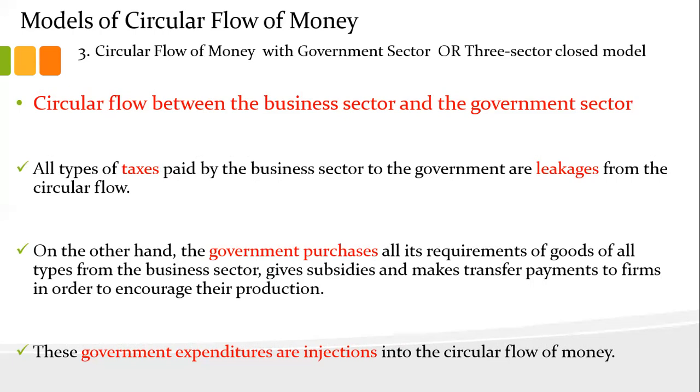So this is one form in which they are taking money, and another way they are supplying money. One way injections are given to the producers, and another way they are collecting taxes, so both ways it is equivalent. The government expenditures are injections in the circular flow of money.